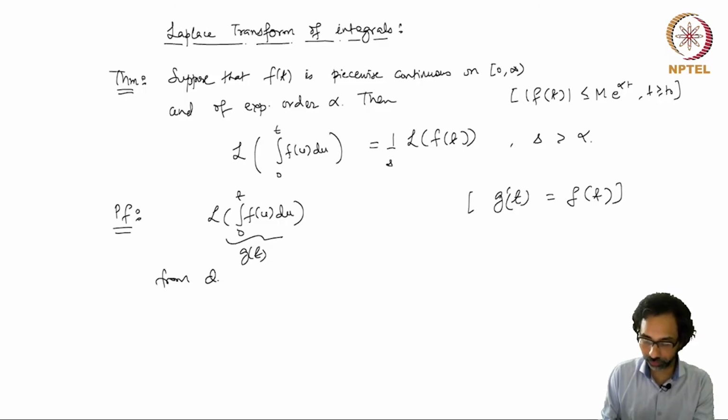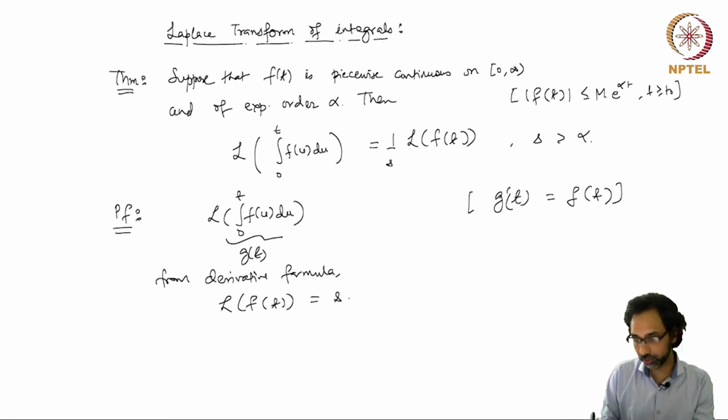From the derivative formula, we have that the Laplace transform of f(t) is equal to s times the Laplace transform of g(t) minus g(0).